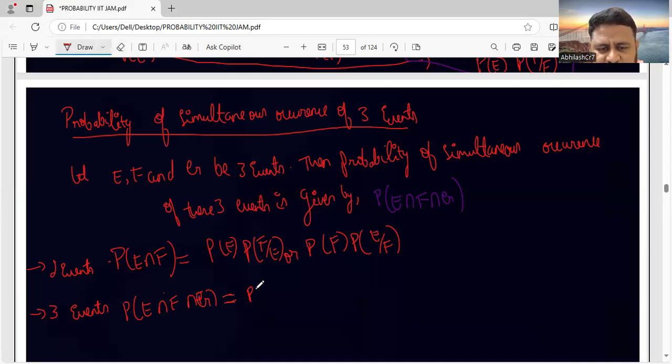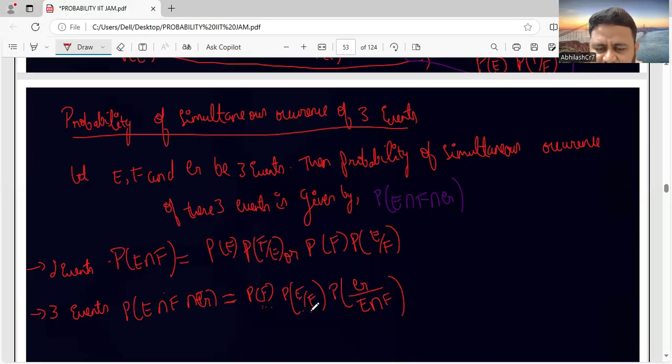So this is given by probability of F into probability of E by F. Now, after this, two events have already occurred, E and F. We have to find the probability of event G. So that is given by probability of G divided by probability of E intersection F. This is the formula, friends. Here, in the first case, event F has already occurred, and event E is then occurring.